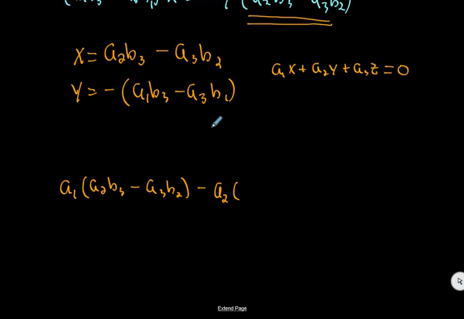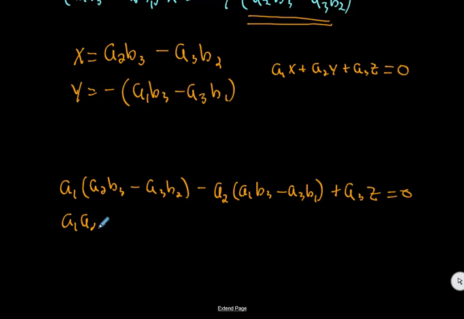And then I can plug in a1b3 minus a3b1, and then plus a3z equals 0. Due to the distributive property, look what I get.